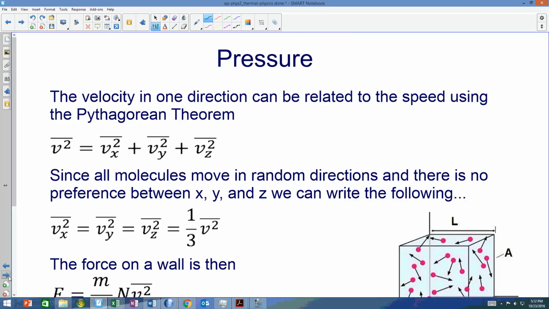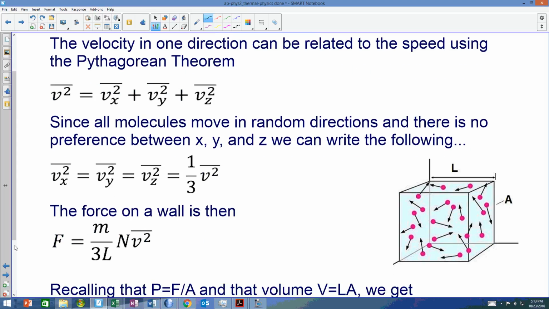The velocity in one direction can be related to the speed using the Pythagorean theorem. So the average v squared is equal to the average of vx squared plus vy squared plus vz squared. Since all molecules move in random directions and there's no preference between x, y, and z, the magnitude is going to be the same for the average Vx squared, the average Vy squared, and the average Vz squared.